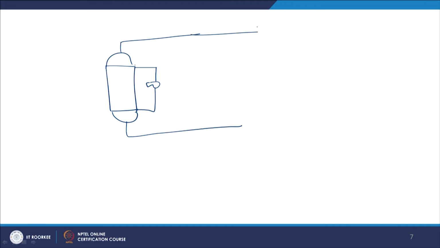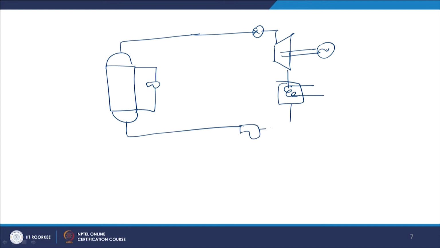It directly goes, some valves, we can show some valves, and here there is a turbine connected to a generator, and here there is a condenser which is used for taking away the heat, and there is a feed pump. Right.